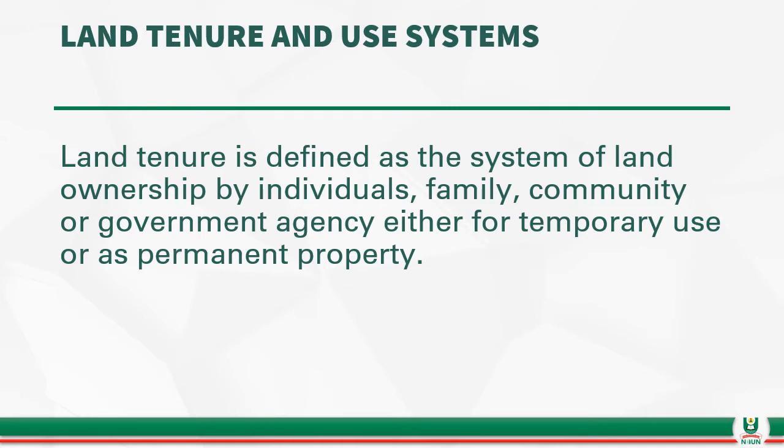So when you are talking about land tenure, you are talking about the system of land ownership. Land could be owned by individuals, or collectively as a family, as a community, or by a government agency. And the land is either used temporarily or as a permanent property.